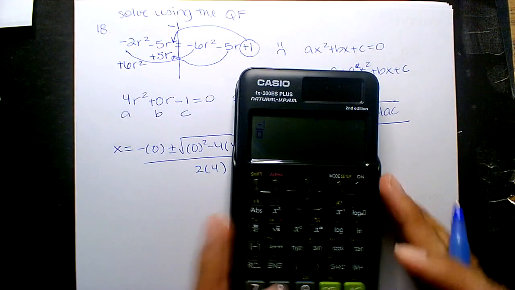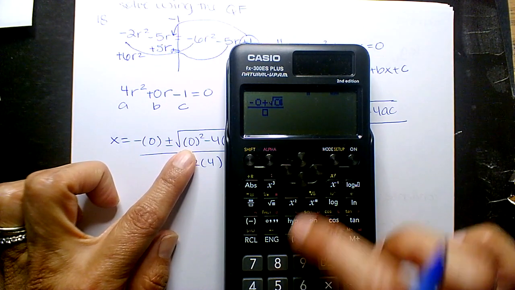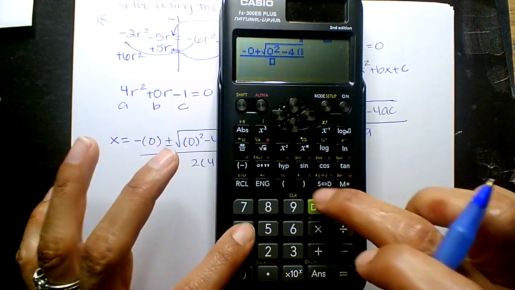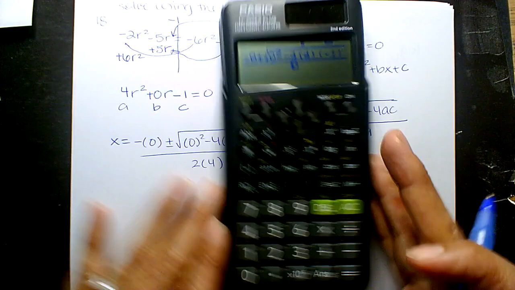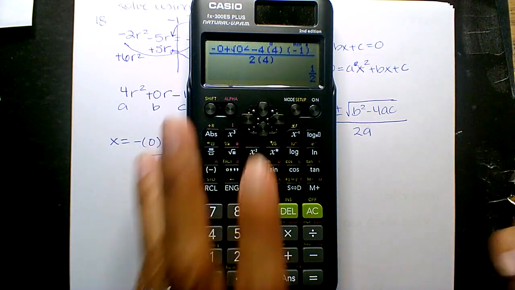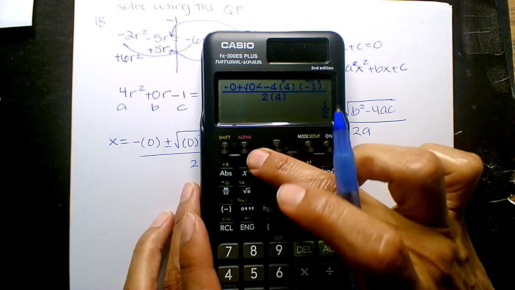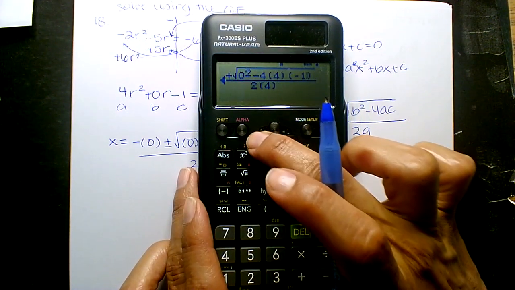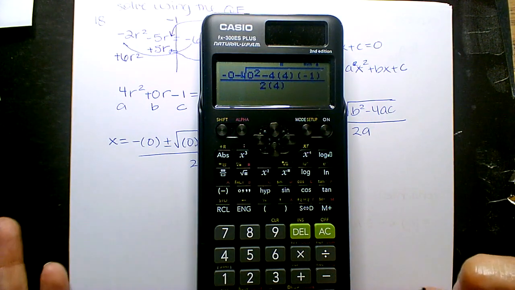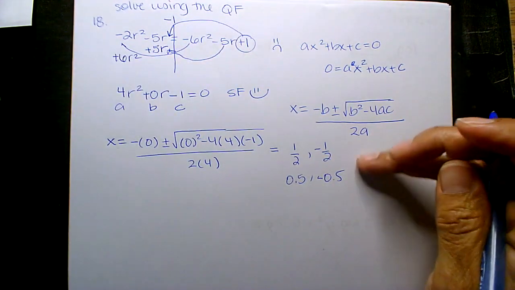Okay, so I get minus 0 plus the square root of 0 squared minus 4 times negative 1 times 4, all over 2 times 4. I throw it in and I get 1/2 or 0.5, and then when I change it to a negative, so subtraction, I get negative 1/2 or negative 0.5. So whichever one you prefer.